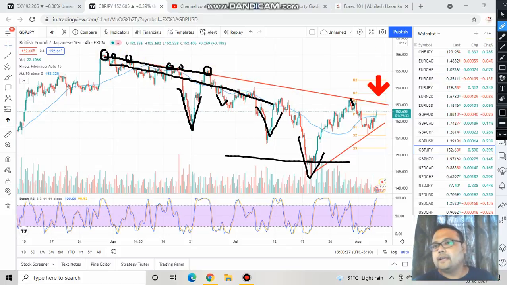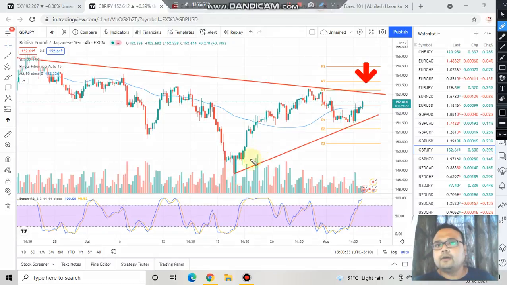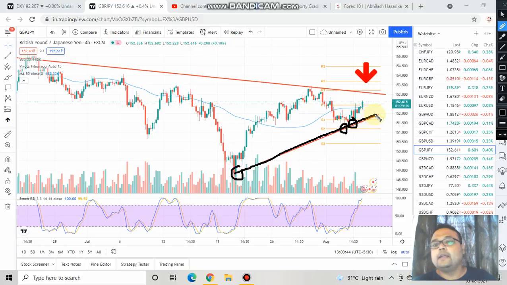Apart from this resistance, we also have a support here, because this was the first touch, and when the market bounced from this level, we got the confirmation that we can also draw a trend line here by joining these 2-3 price levels. So we have a very strong resistance here, and on the bottom we have a support here. Clear? This is a resistance, this is a support.